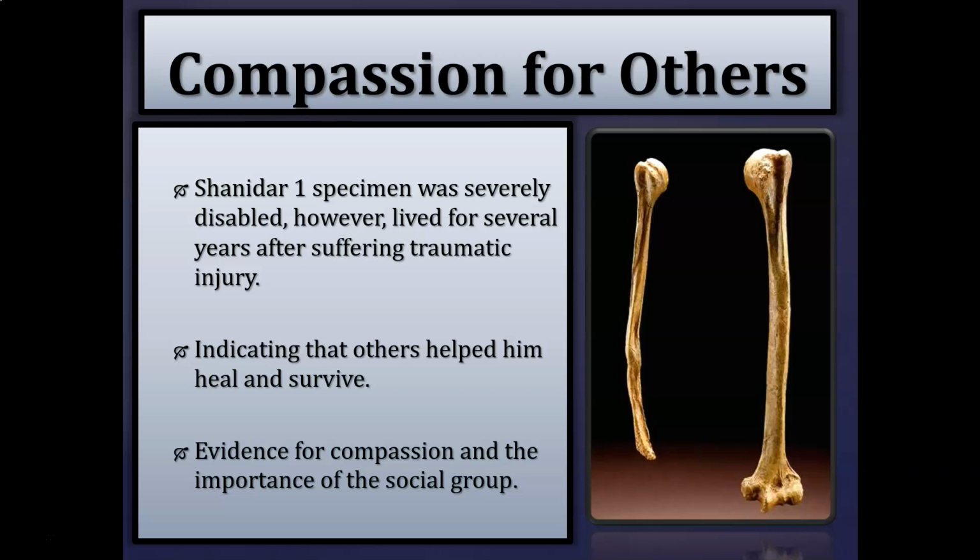However, he survived. But you can imagine, in order to survive during the Ice Age with only one arm, you likely had to rely upon your social group for survival. So this is oftentimes used as evidence that Neanderthals placed a high degree of importance upon their social group and helped each other survive. They weren't just out for their own survival, they were out for the survival of their group.